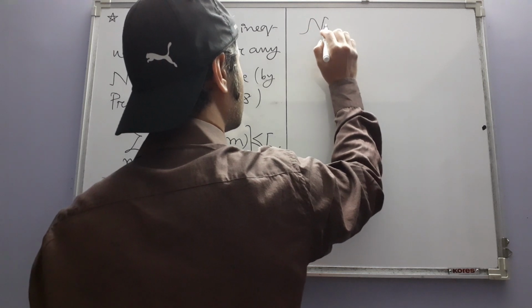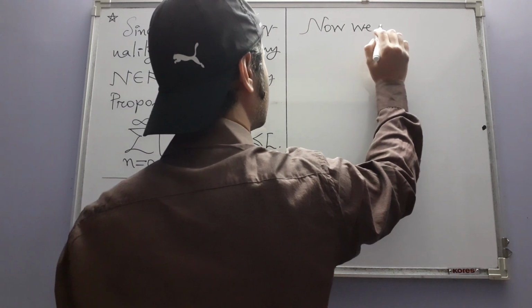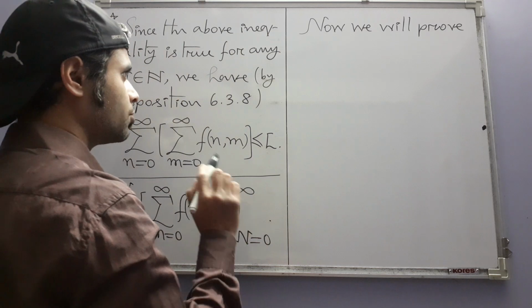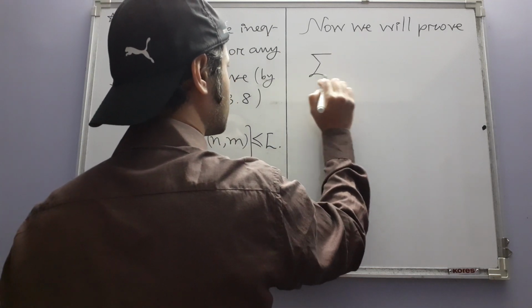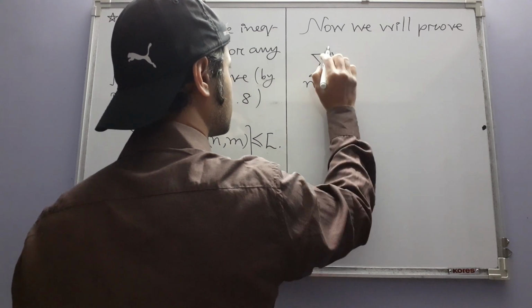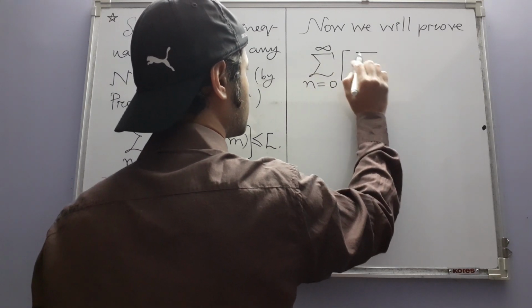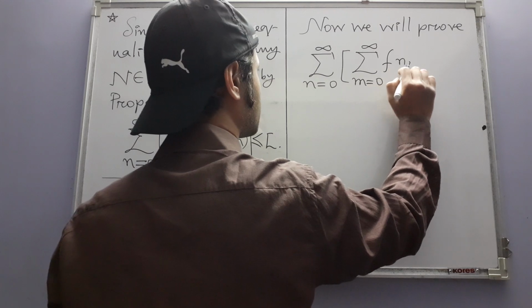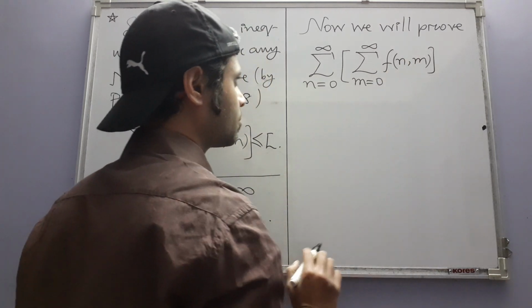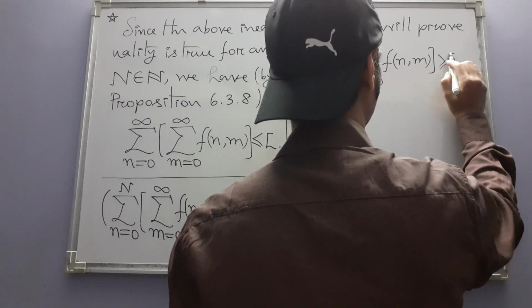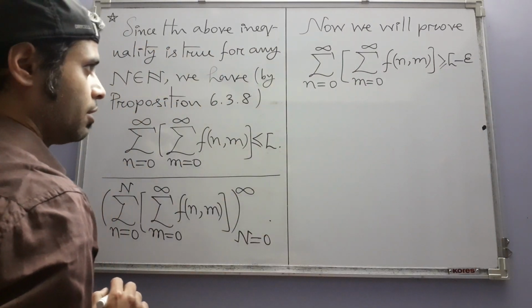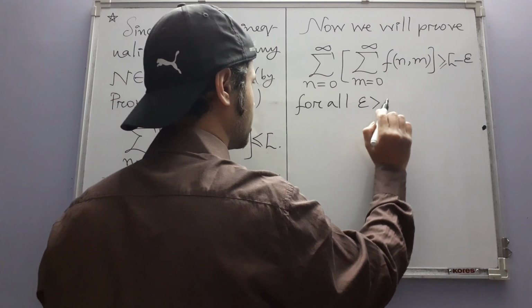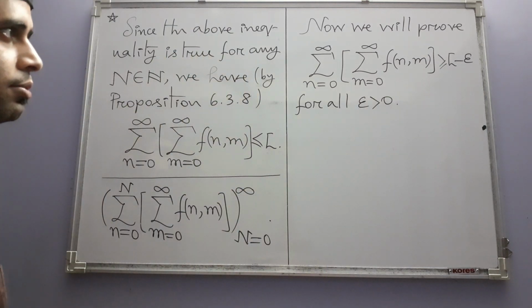Now we will prove this: this is greater than or equal to L minus epsilon for all real numbers epsilon greater than 0.